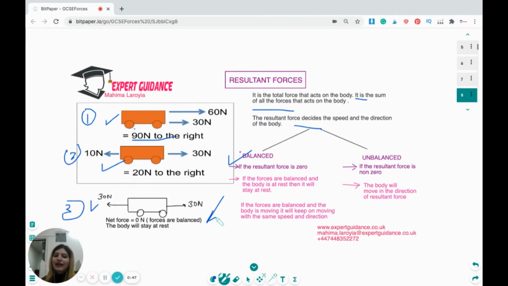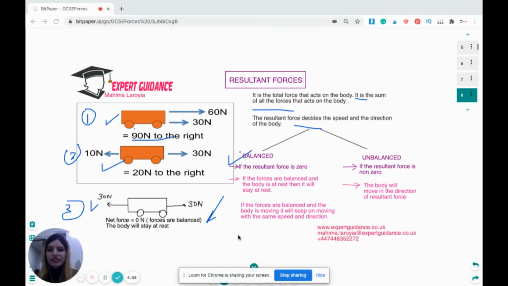And if the forces are balanced and the body is moving, it will keep on moving with the same speed and direction. Whereas unbalanced forces are cases 1 and 2, where the net force is not 0 and the body will move in the direction of the resultant force. I hope the concept of resultant and the balanced and unbalanced forces is clear to you.